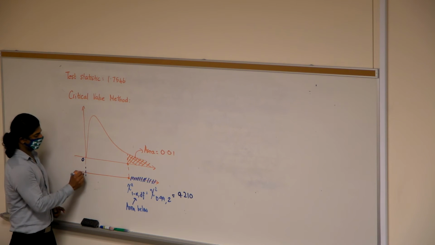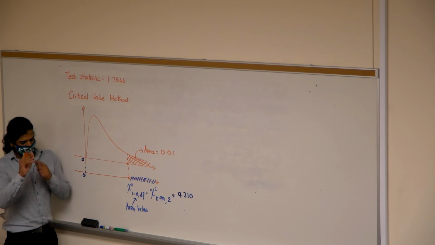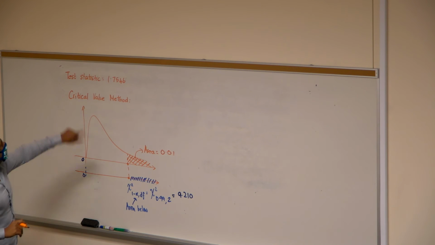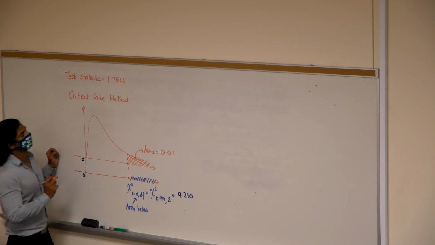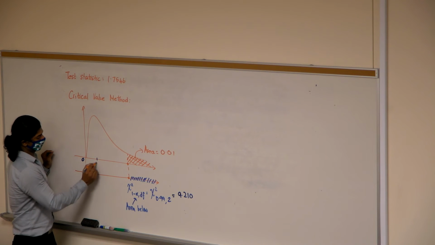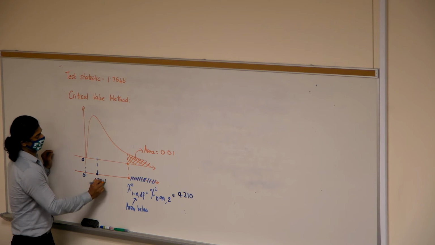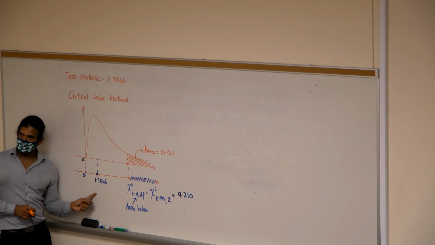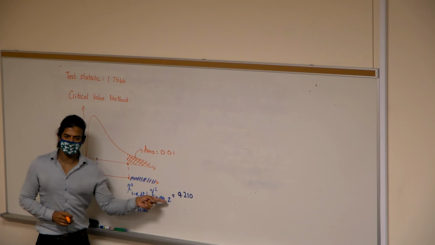The critical value is 9.210, which is right over there. What is our test statistic? Our test statistic is 1.7546, which is probably right there. Did the test statistic fall in the rejection region?